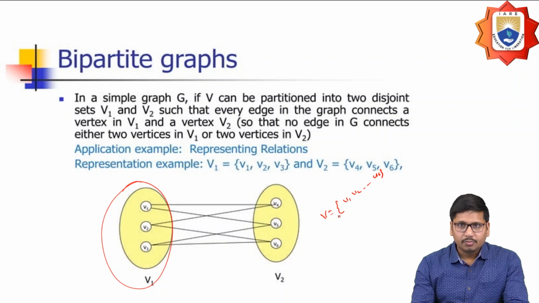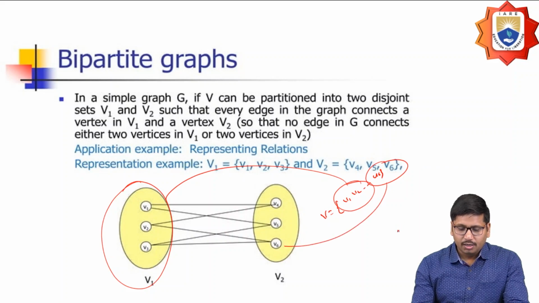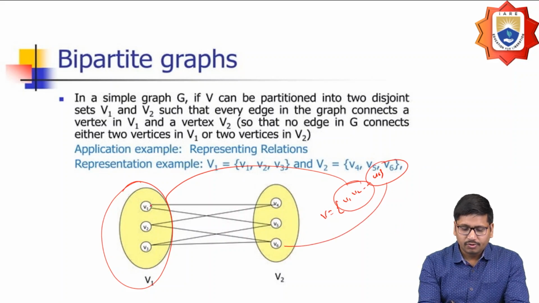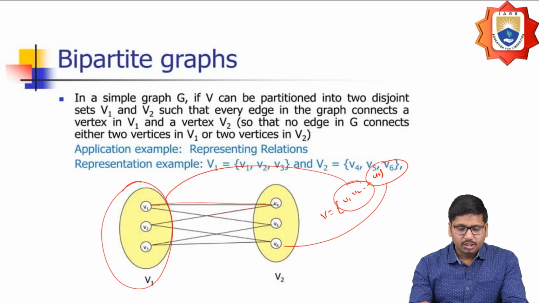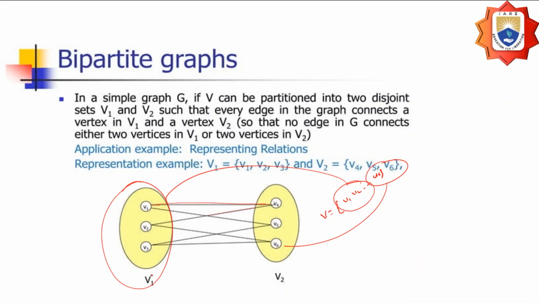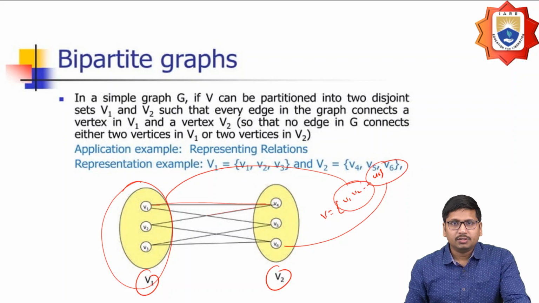What I am saying is that in a bipartite graph, the vertex set is partitioned into two disjoint sets, and there is an edge from a vertex in V1 to a vertex in V2, like this. Whenever I represent it this way, I can say this graph is a bipartite graph. Mainly, in a bipartite graph the vertex set is split into two disjoint sets, and we maintain two different kinds of vertices, and there exists a mapping from one vertex to the other.